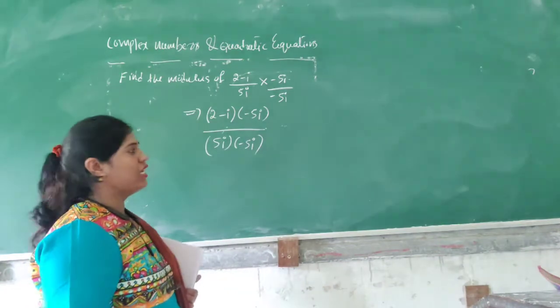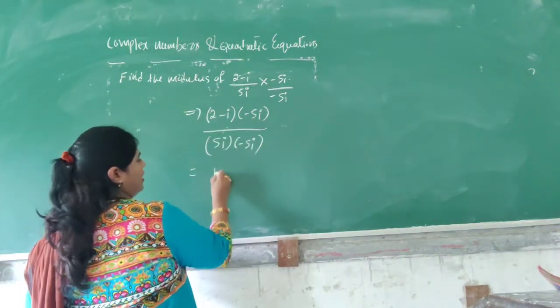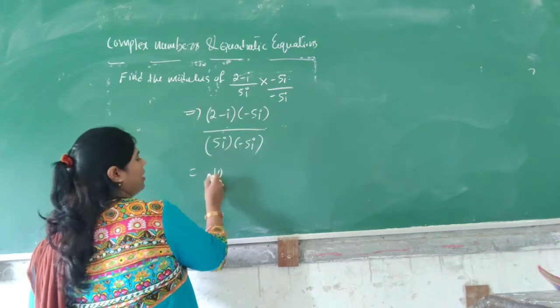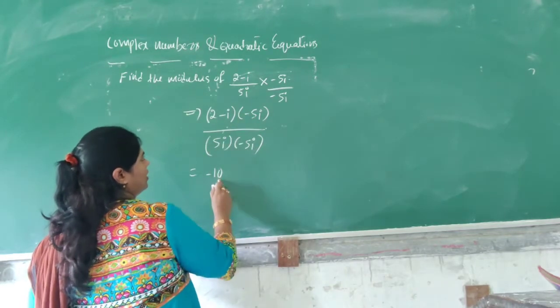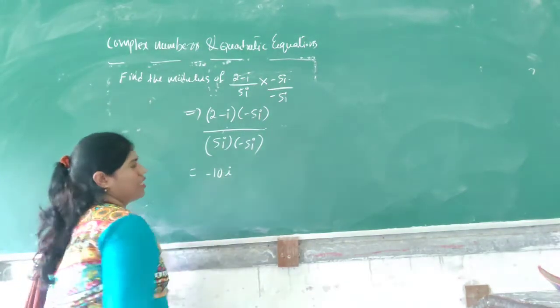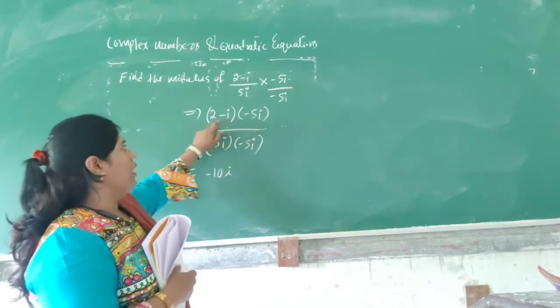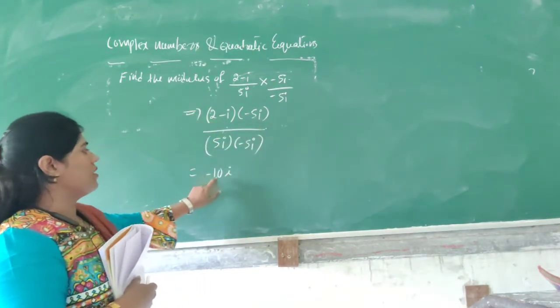We write it like this. 2 fives are 10, plus into minus, so minus 10i.